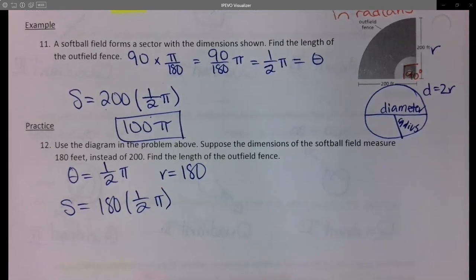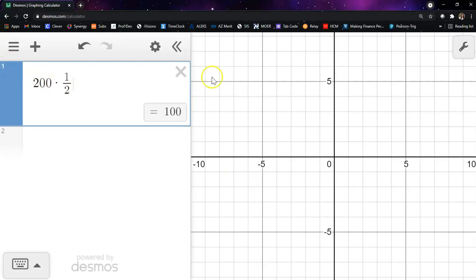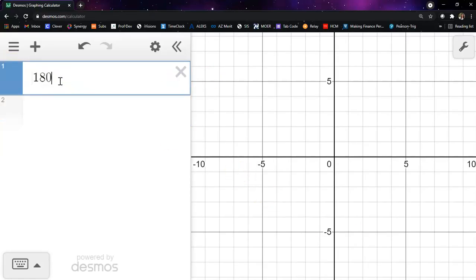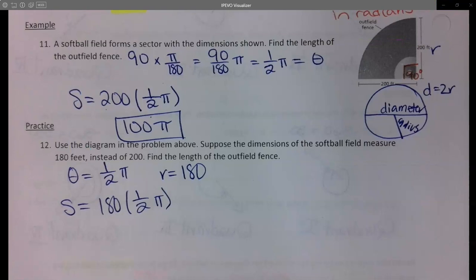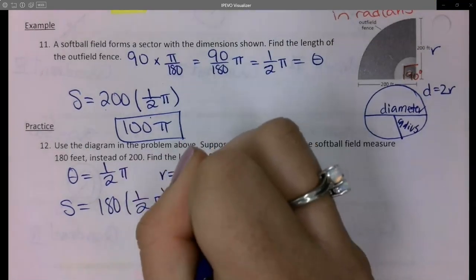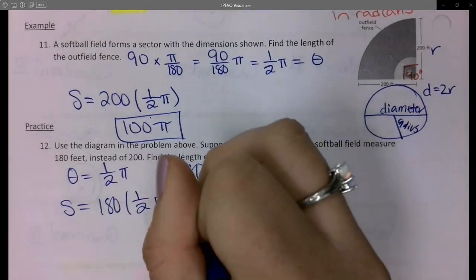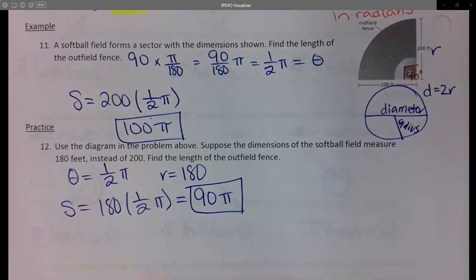Then I just need to multiply 180 by 1/2, which gets me 90. Not 90 degrees, just 90 pi. Pi is part of my answer here.